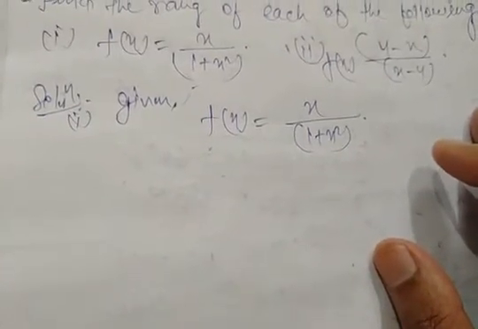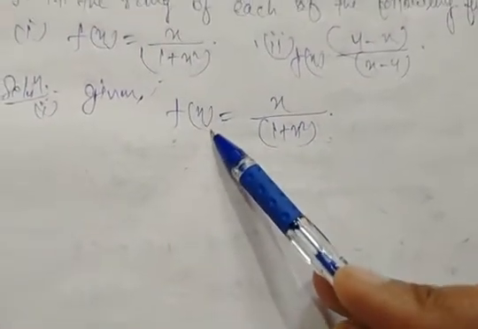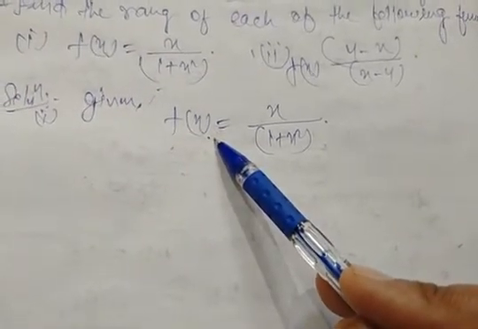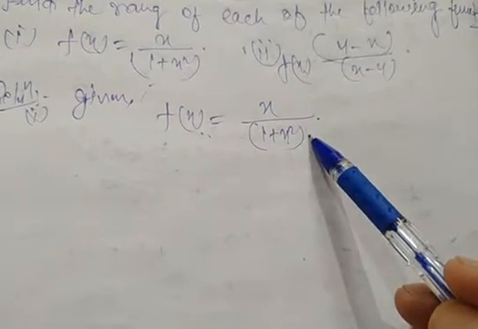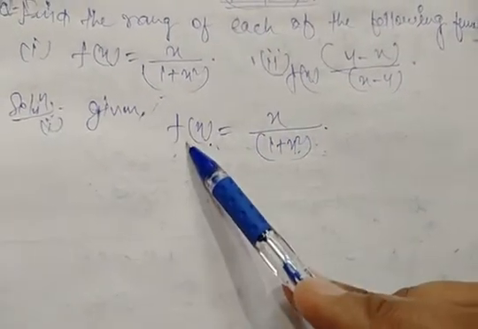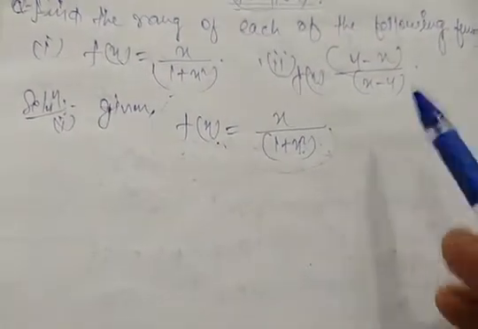We observe that f of x takes real values for all x belonging to the real numbers. For any value of x, f of x is real and meaningful, so the domain of this function is all real values.